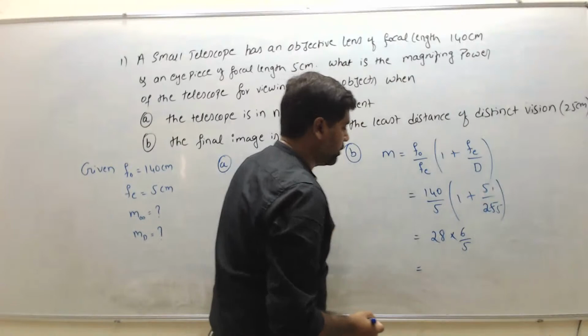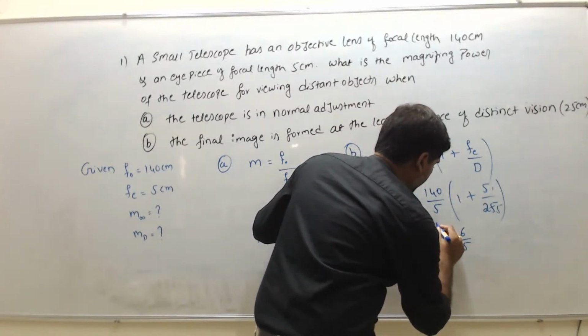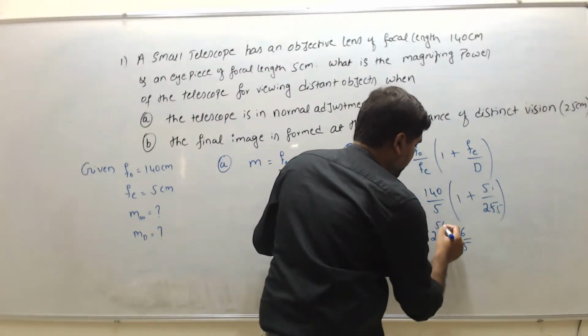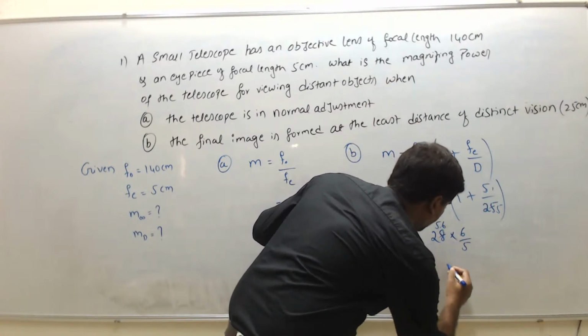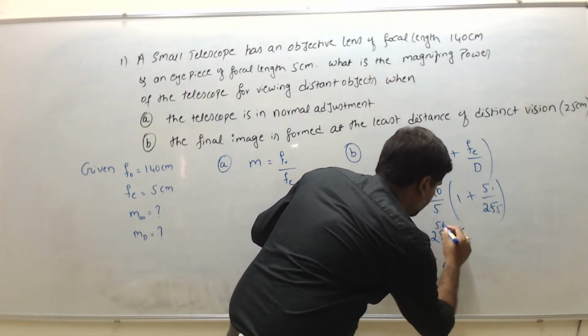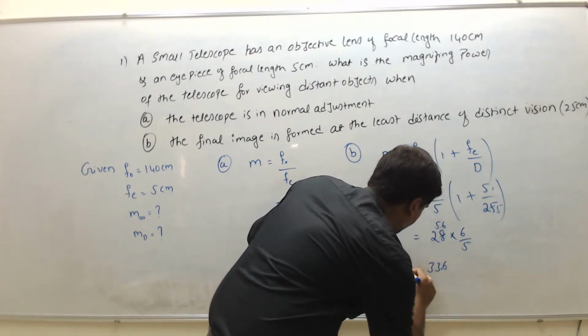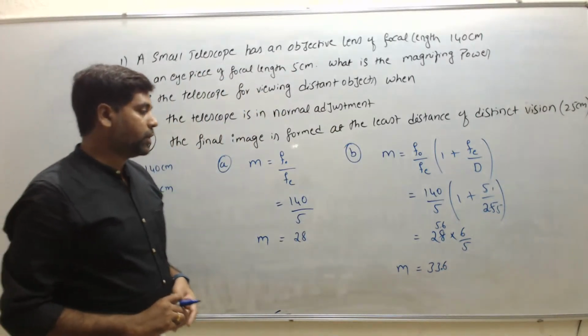So here we simplify, 5 5s are 25, remaining is 3, 5.6. That is 5.6 into 6, 6 is 36, 6 5s are 30, that is 33.6. That is M at least distance of distinct vision, right?